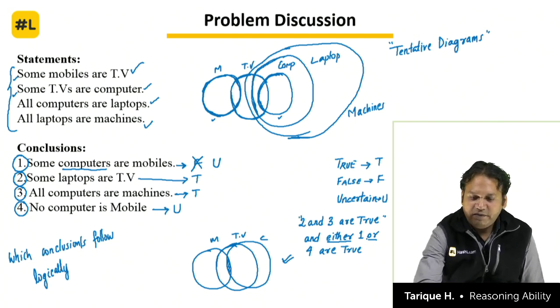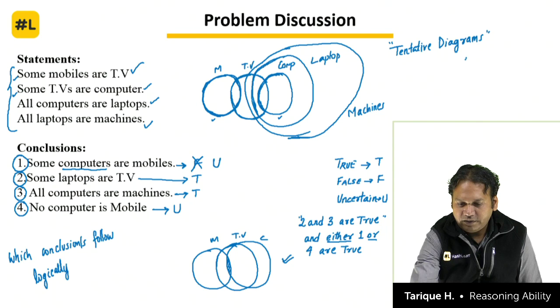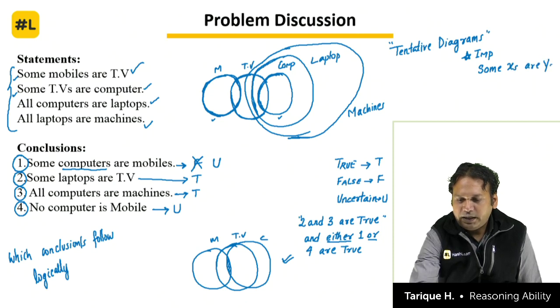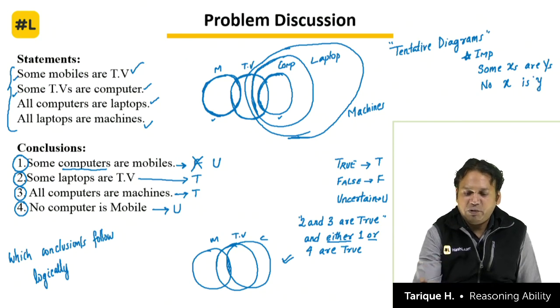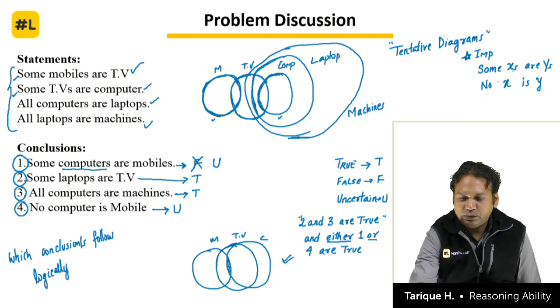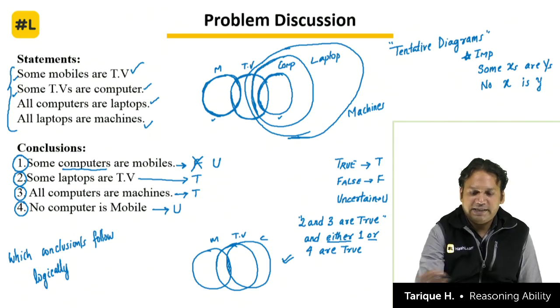Please understand, this is very important. Whenever we have "some x's are y's" and "no x is y" as a combination with x and y in any position, so I can say some y's are x's, no x is y. Subject and predicate can change.